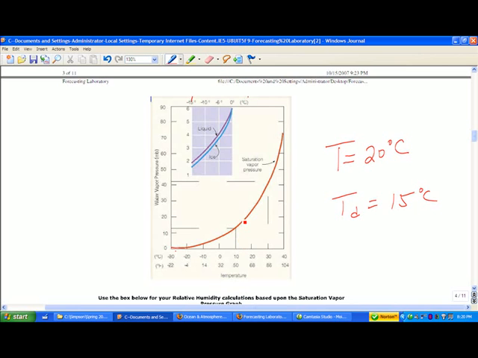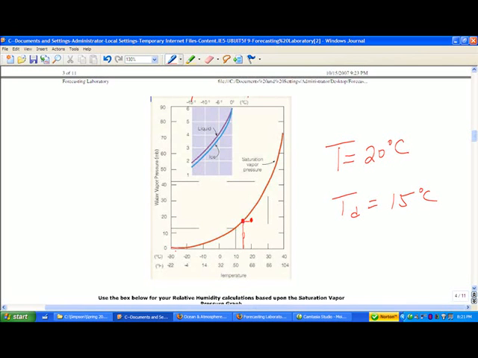Recall the dew point is what you would cool an air parcel to when it reaches saturation. And then I go over here, and this is the temperature of my air parcel. So again, the temperature is 20. I cool the air to saturation to where it's 15.